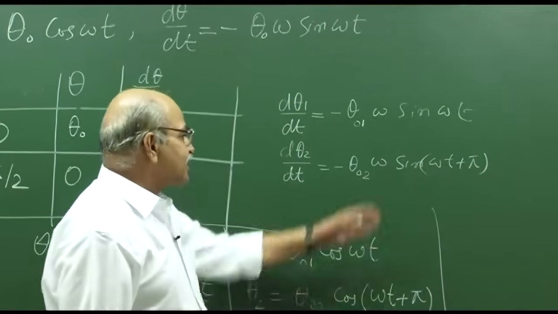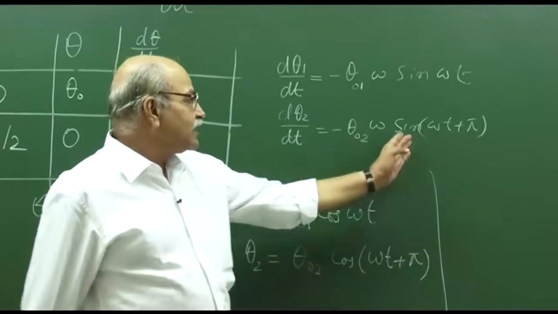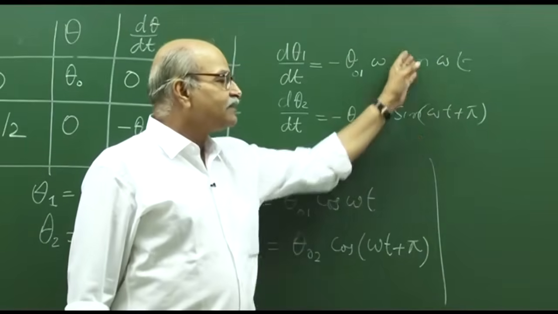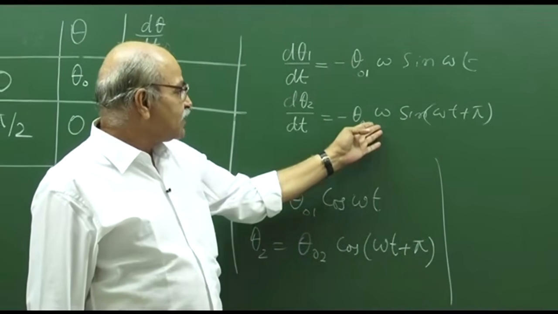So this also takes care of the different directions of velocities. Sine omega t plus pi is minus of sine omega t, so it is negative of that. So one velocity is positive, another velocity is negative.